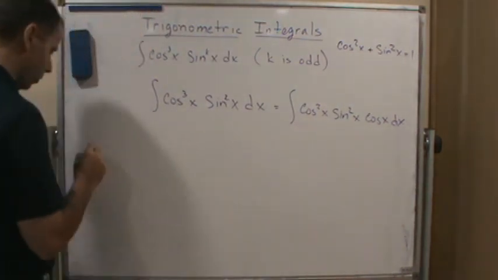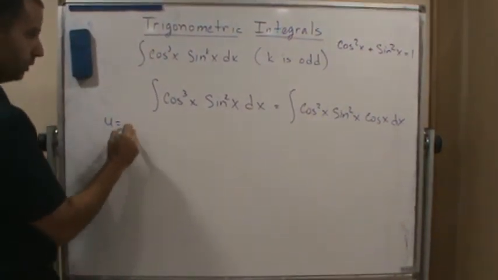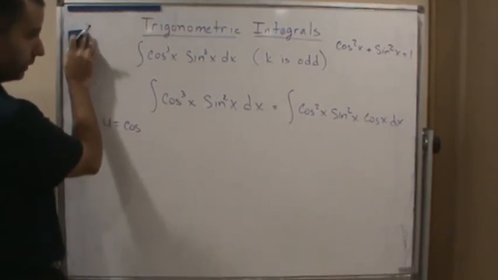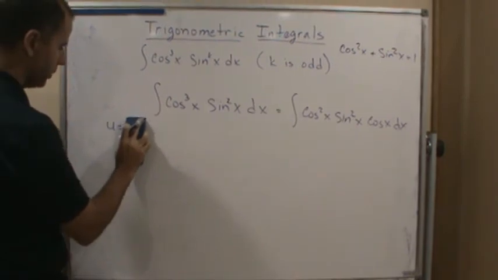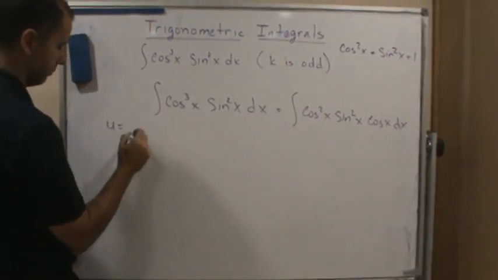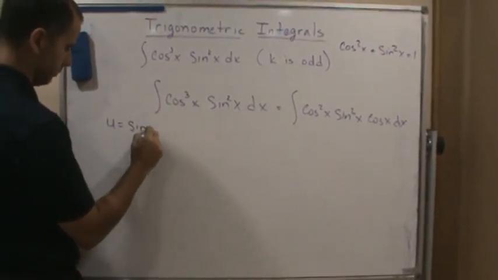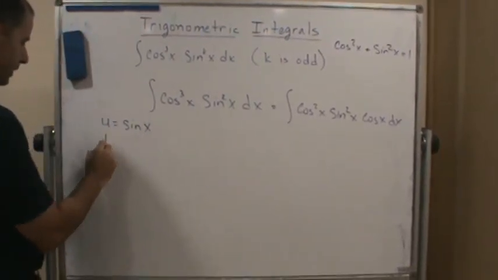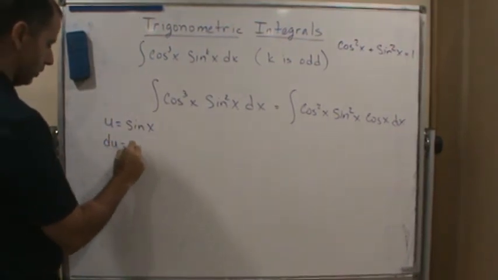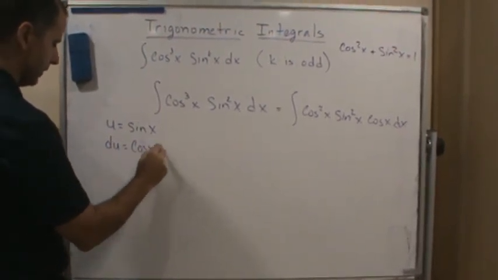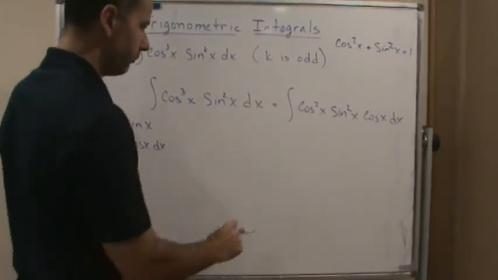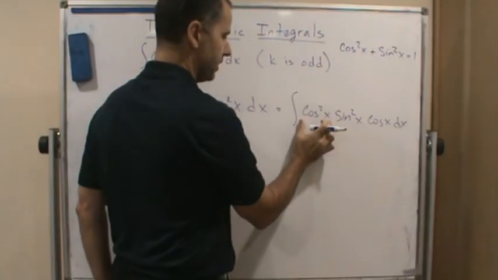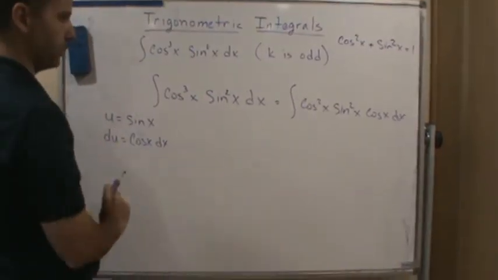Then u will equal sine x, and you want du to equal cosine x dx. That means I need to change this to sine, because that's what I'm going to use for my u substitution.